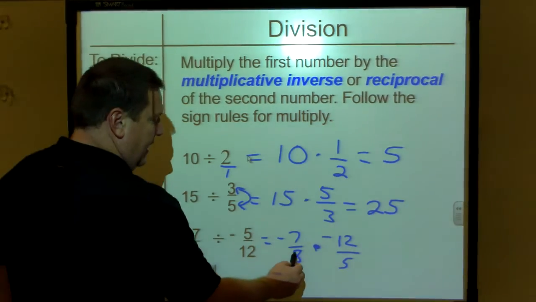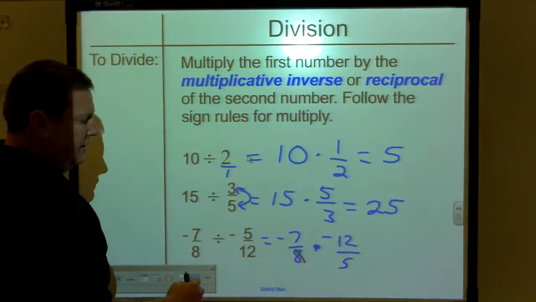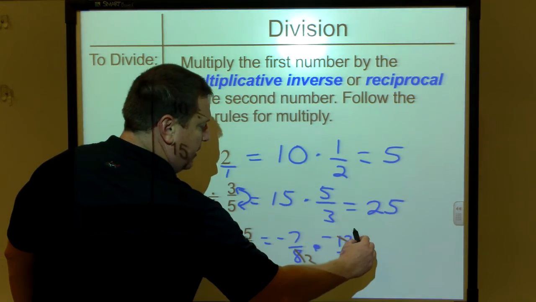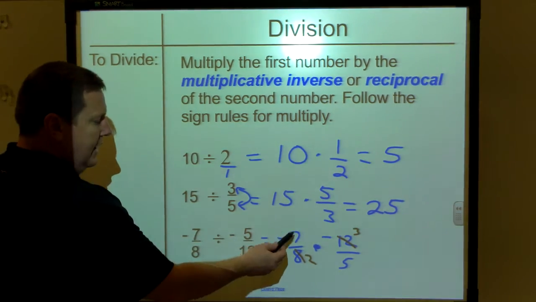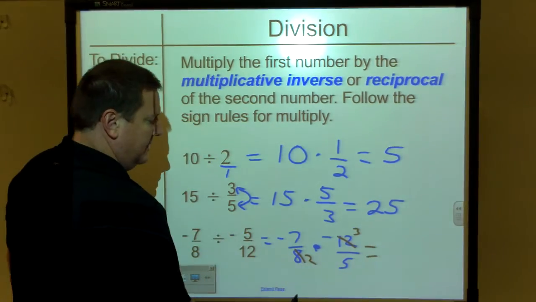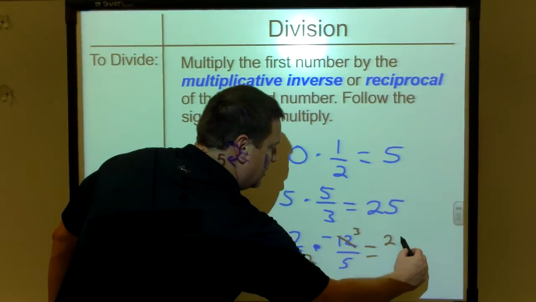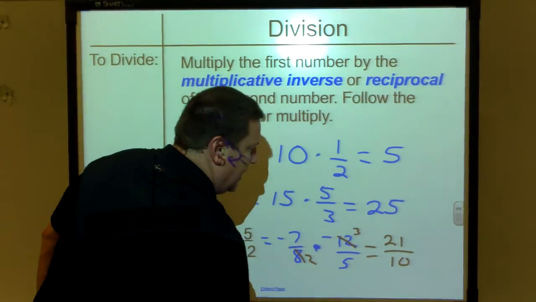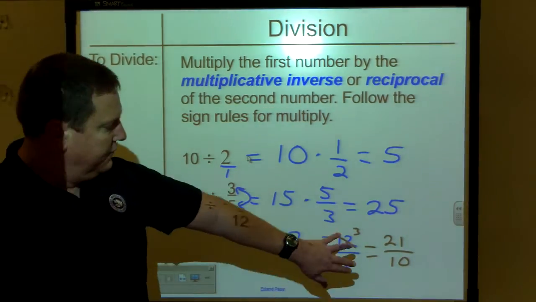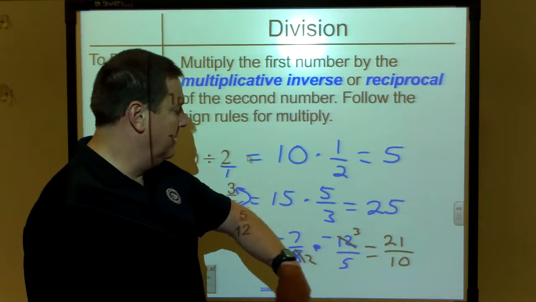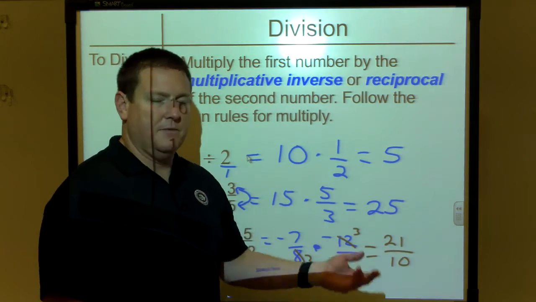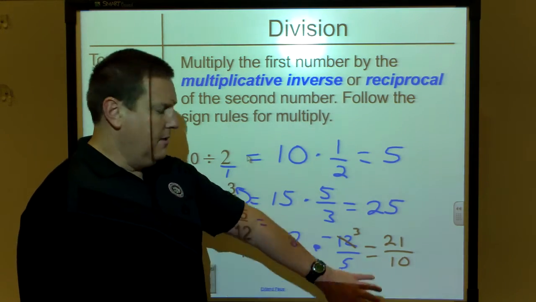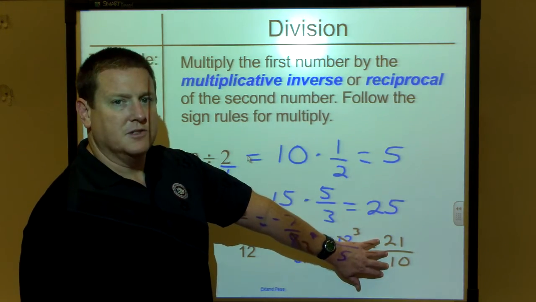The greatest common factor they have in common is a 4, so 8 divided by 4 would give us 2, and 12 divided by 4 would give us 3. And then negative times a negative is going to give us positive. 3 times 7 is 21, and 2 times 5 is 10. And that is the fully simplified fraction. The only thing you can do now is take it a step further and turn it into a mixed number, 2 and 1/10. But for now, we're going to go ahead and leave it just like this.